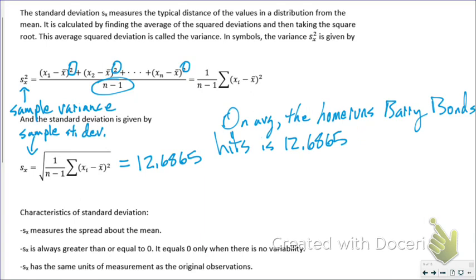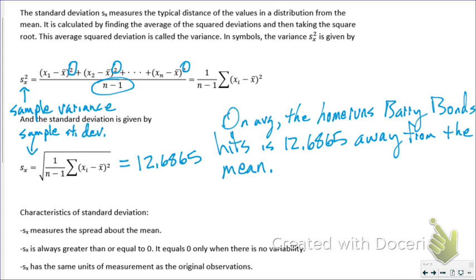Away from the mean. You can use the word mean, you can use the actual mean and write 36.0476. But on average, the home runs Barry Bonds hits each season is 12.68 away from the mean.